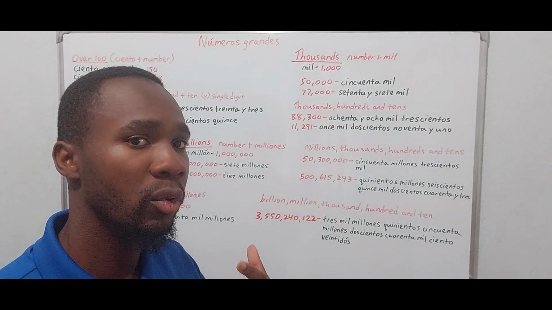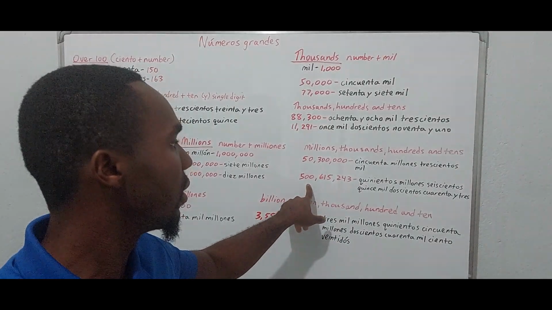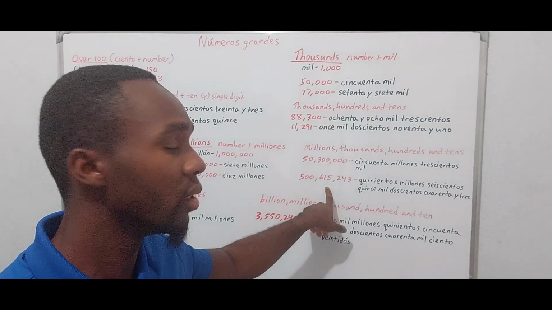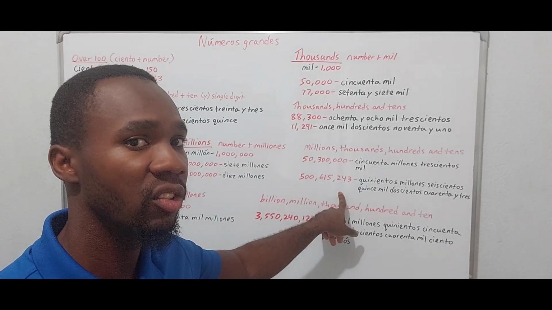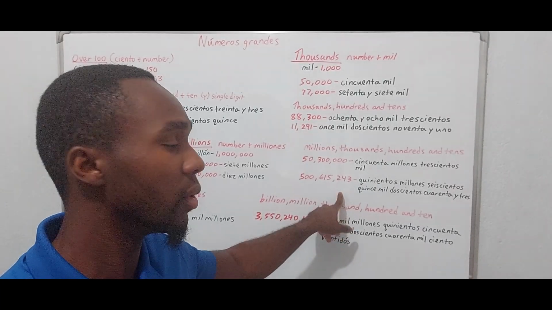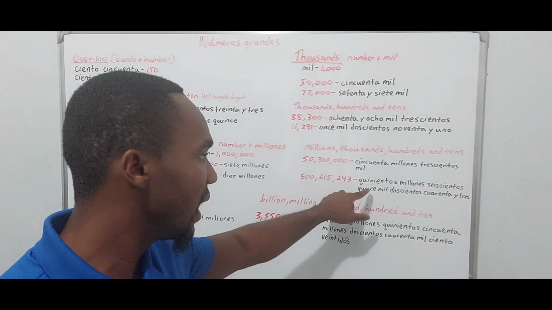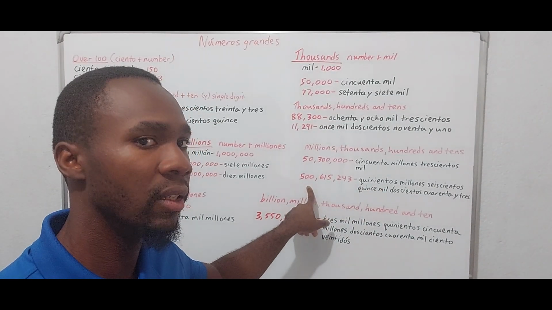But what if we have a more complicated number? 500,615,243. This is a much more difficult number because we have more units. Quinientos millones, so that's 500 million.